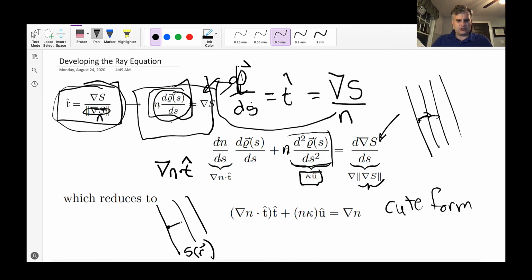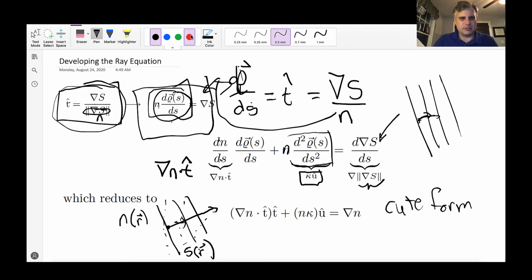I have a ray trajectory. And what's more, I have an index of refraction that's going to be a function of space. If I draw lines of constant index of refraction, I might have something like that.